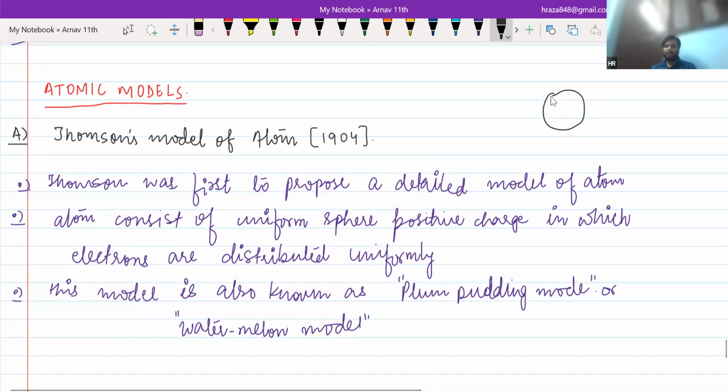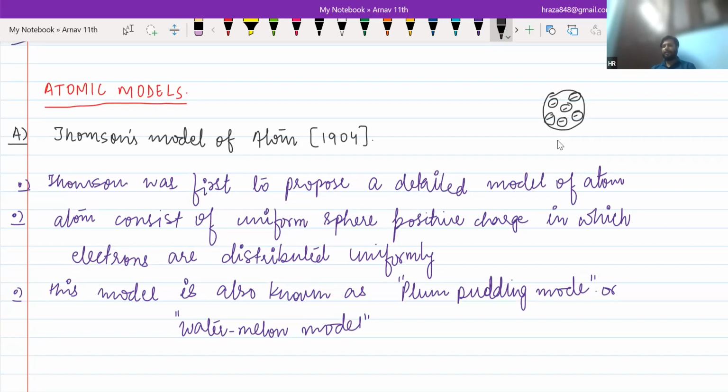The difference is that the atom is spherical in shape, and this sphere is positively charged, in which electrons are distributed in the same way that the seeds in a watermelon are distributed.